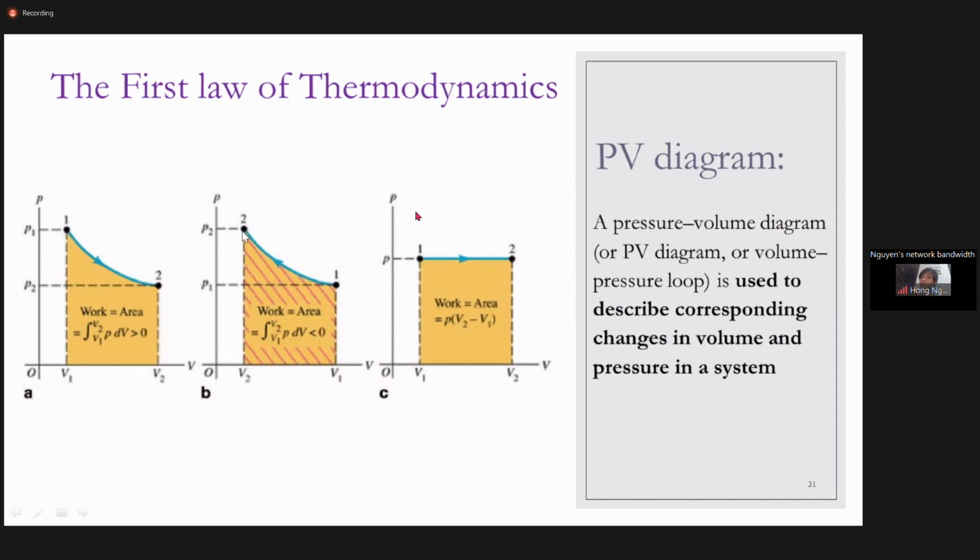So each dot in the diagram will represent a state. And the work done by the gas is actually the area under the process.